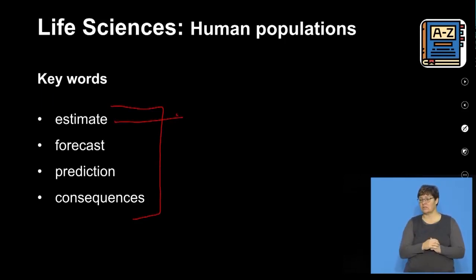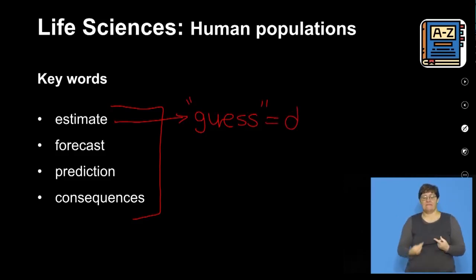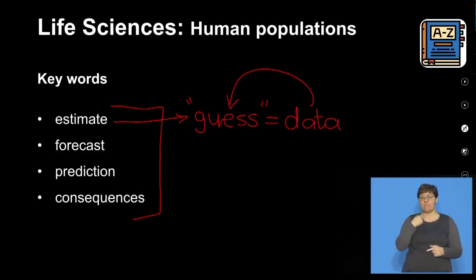When we estimate something, I suppose you could call it a guess, but it's a very informed guess, and you need to look at data in order to make the guess. So it's not just simply, oh, I think, it's I think based on what the data says.